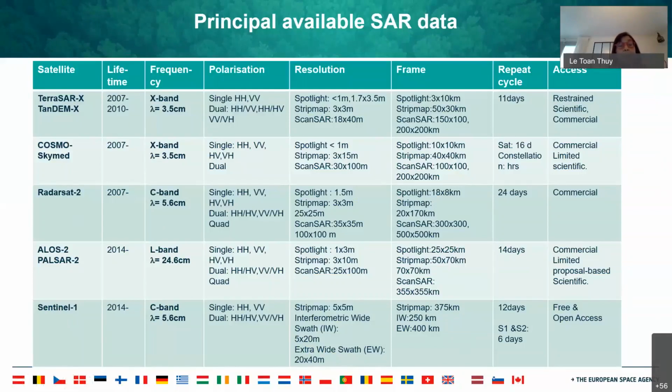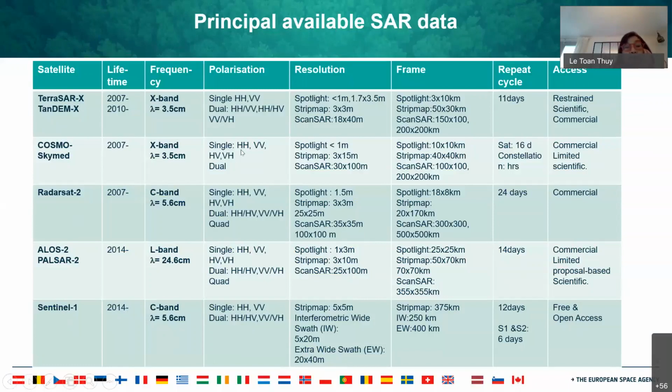You can see there are also other SARs, like RISAT from India at C-band and SAOCOM from Argentina at L-band, but those are not that easily accessed, so a lot of applications were derived from Sentinel-1 because of the accessibility and also the systematic acquisition.